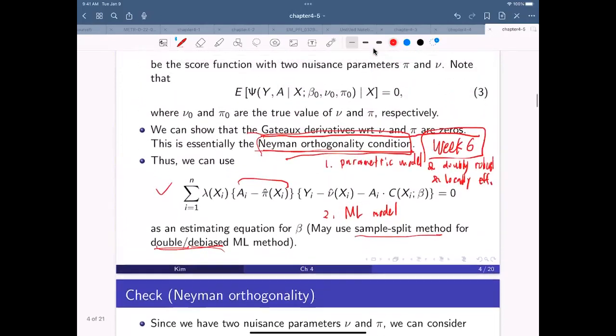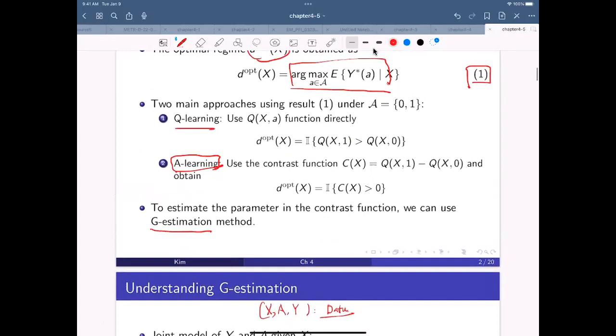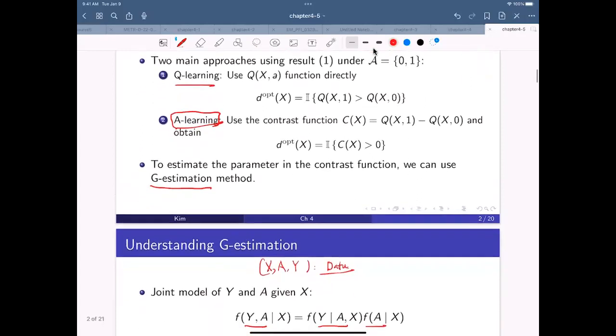So that gives some additional understanding of this A learning method. Another thing that may be worthy of discussion is the uncertainty, right? This is estimation.